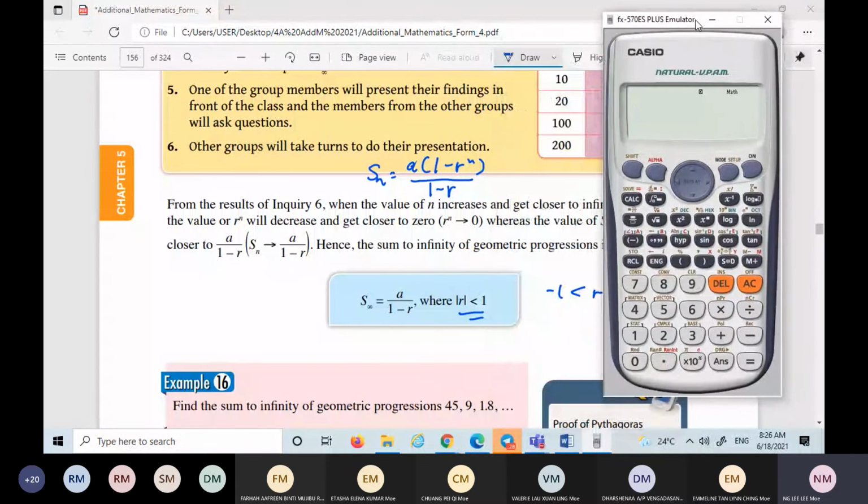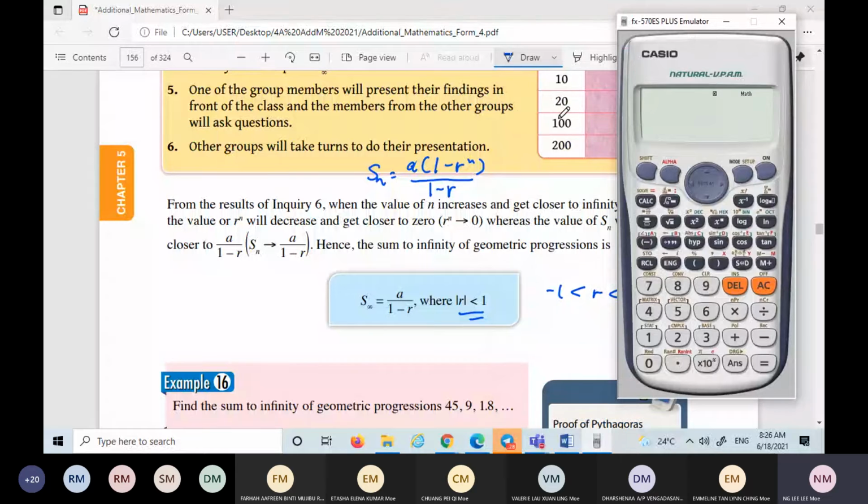Why we say here, this S infinity cannot be used for the R bigger than 1. I show you how. If I just put 1.2 to a very, very big power, I don't know whether I can get an answer or not.